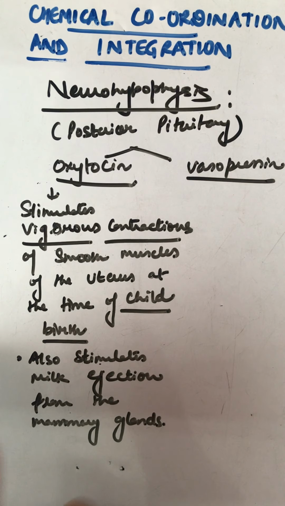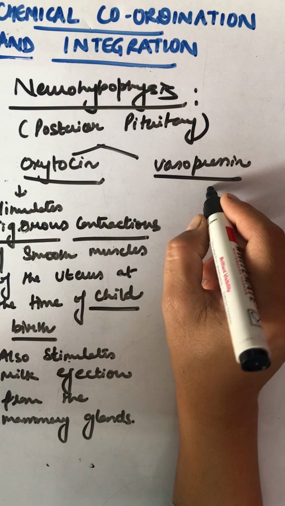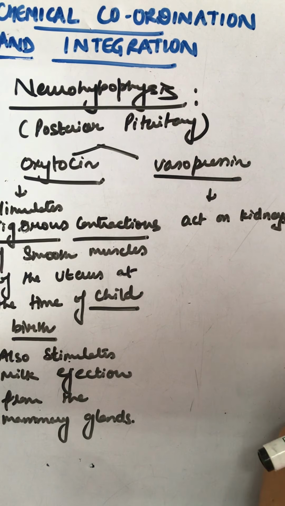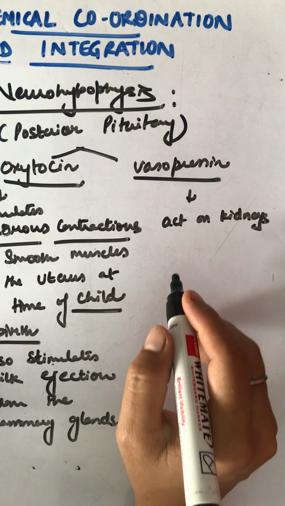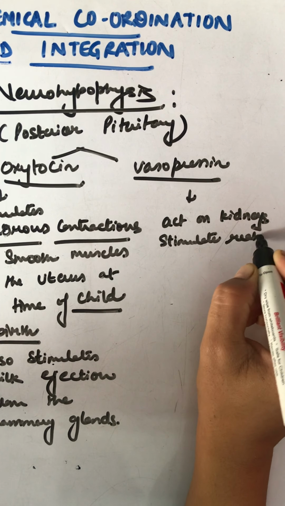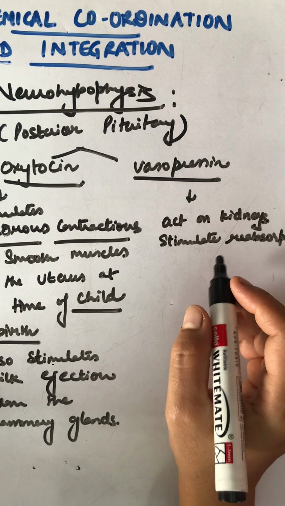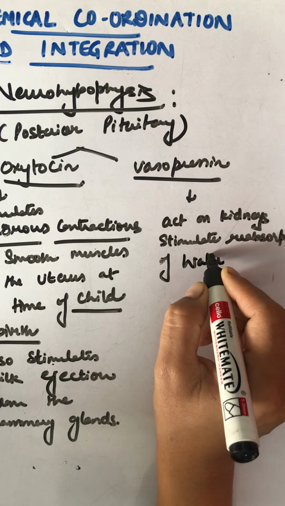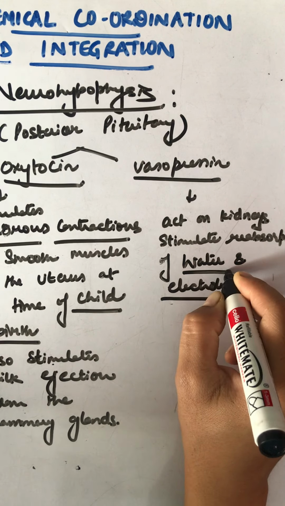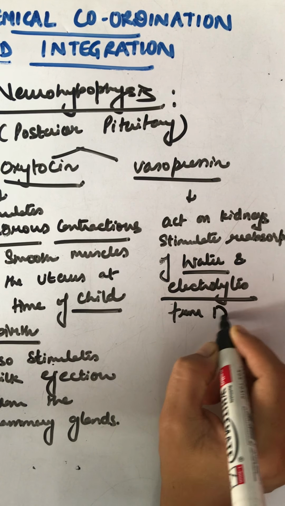Then moving to vasopressin. What does vasopressin do? Vasopressin acts mainly on the kidneys and stimulates reabsorption of water and electrolytes from the DCT. Remember DCT?